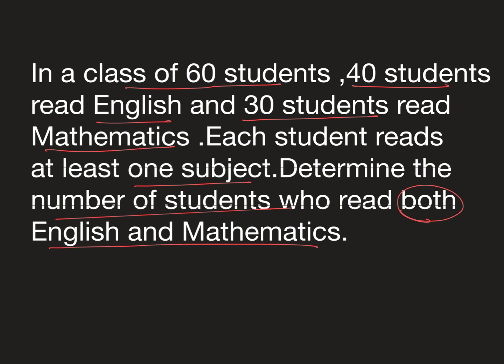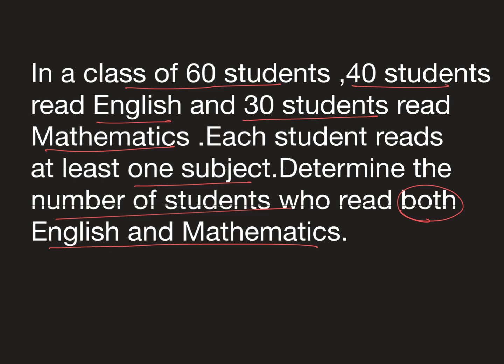So, to break this problem down, we have a class with a total of 60 students, and 40 of those students read English and 30 of them read mathematics. Each student must read at least one subject.